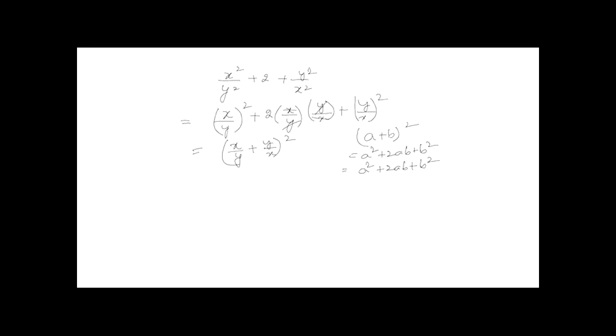They have given the expansion; you are writing the factors, the reverse order. When a squared plus 2ab plus b squared is given, you will write (a plus b) whole square. When (a plus b) whole square is given, you will write a squared plus 2ab plus b squared. Opposite. Reverse order. Okay, ma'am.